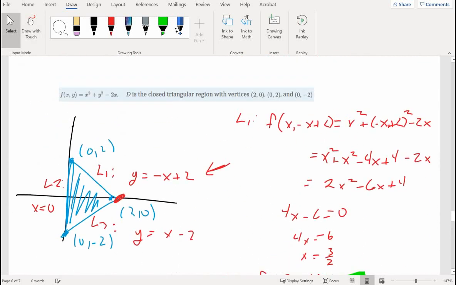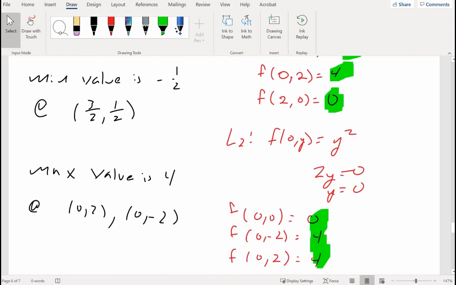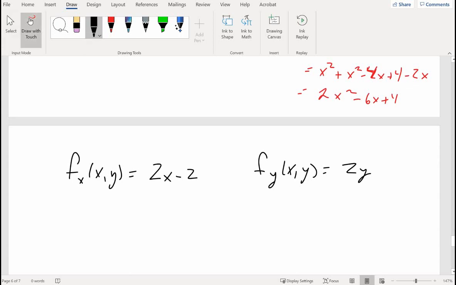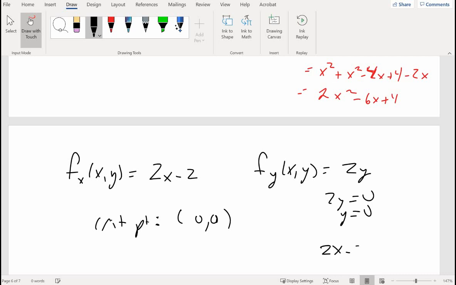So my critical point is where 2y equals 0. Well, y has to be 0, and then the other one tells me that 2x minus 2 has to be 0, so x needs to be 1.